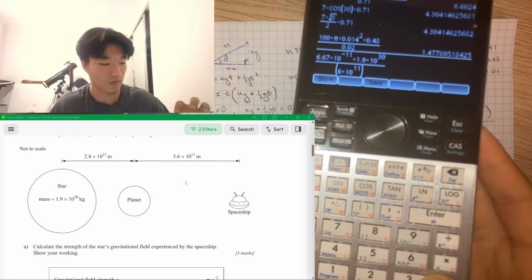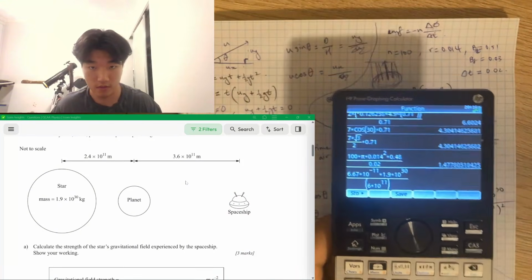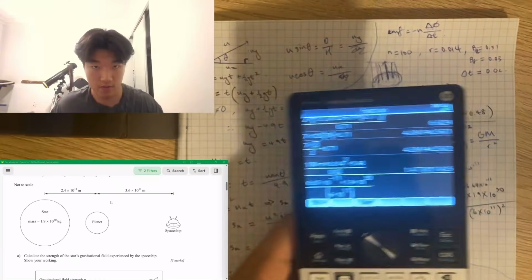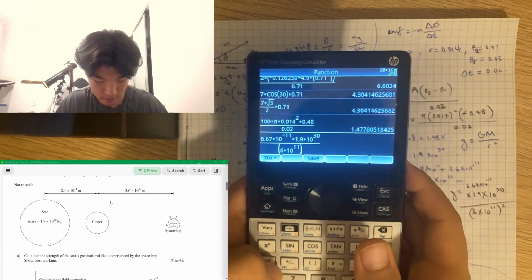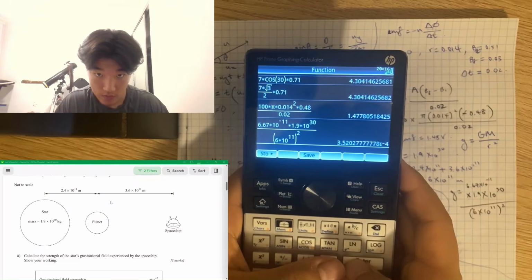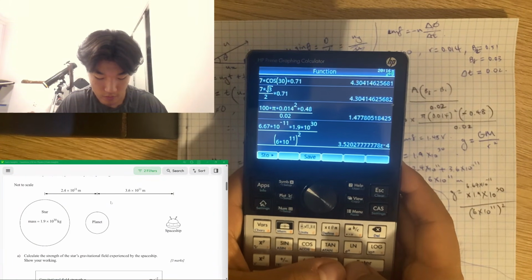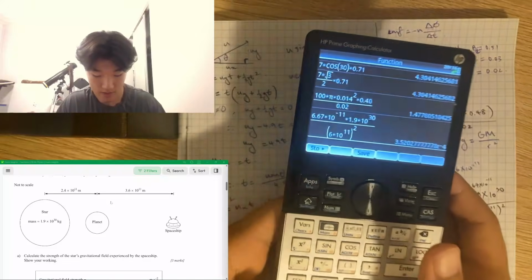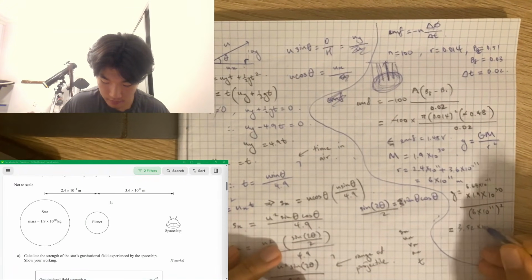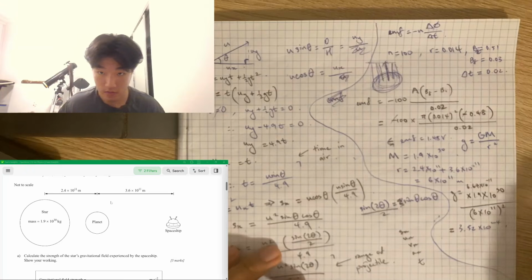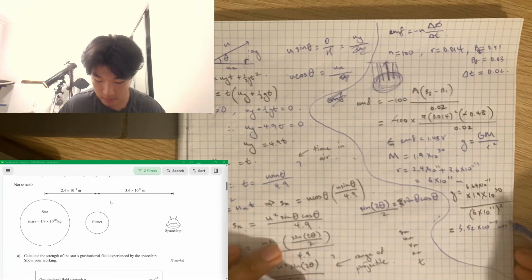Okay, maybe I will disable this just for these purposes. Yeah, it's much clearer. Okay, so it's 3.52 times 10 to the negative 4 meters per second squared.